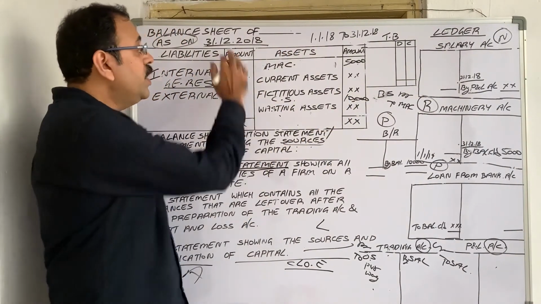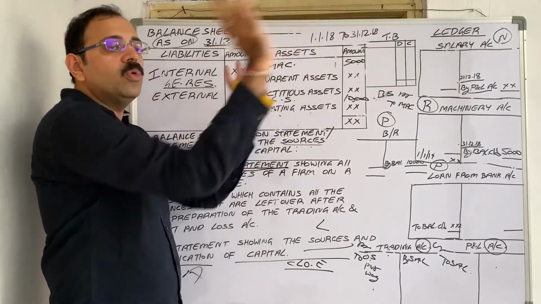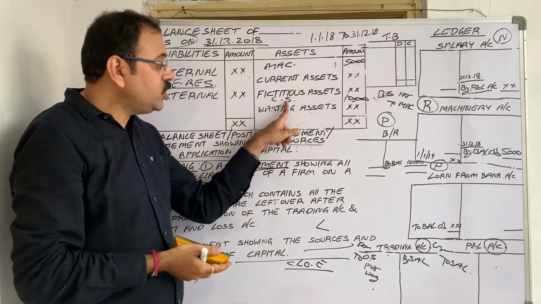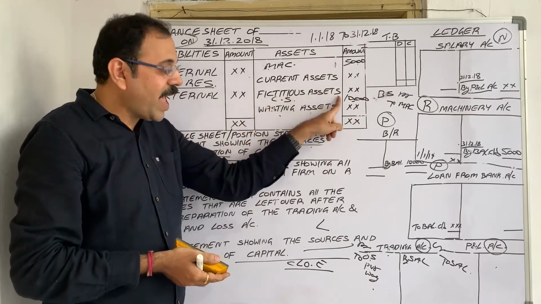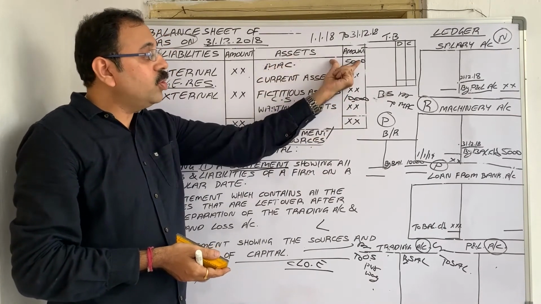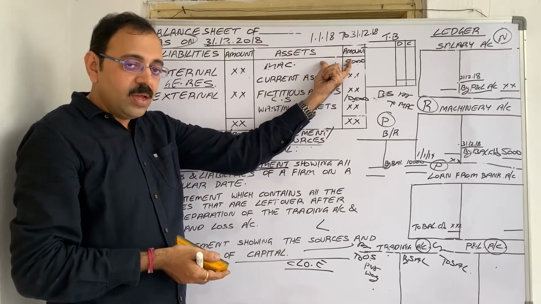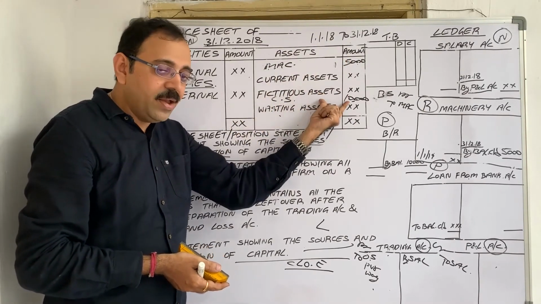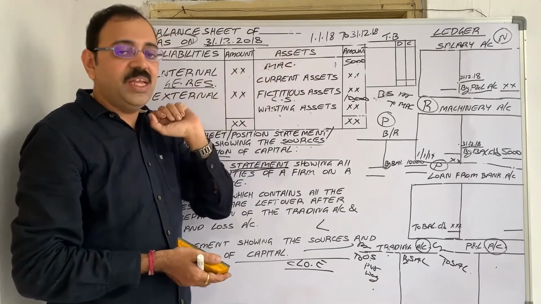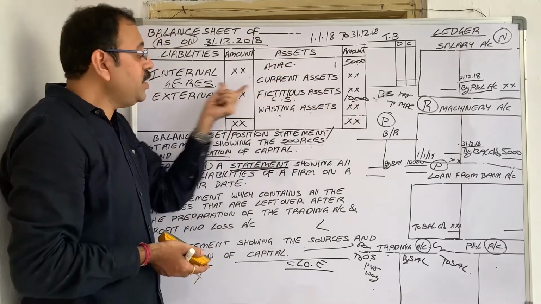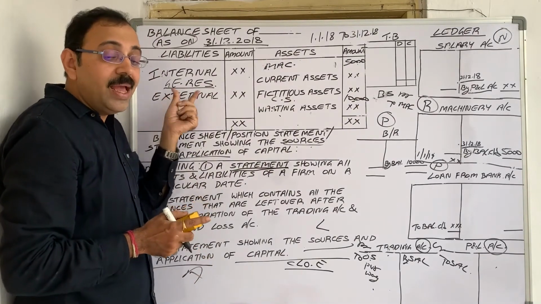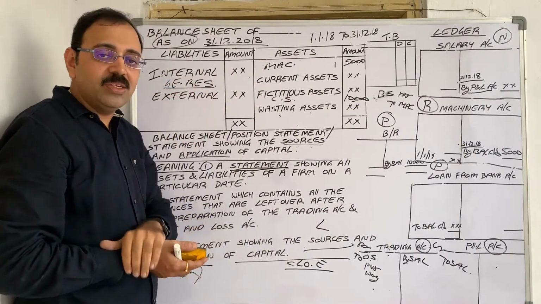What happened? Next day we sold some goods. Then closing stock value will change. If we sell it for cash, the cash amount will also change. If we sell on credit, then the debtors amount will change. And if we sell it for profit or loss, then here on the liability side, the capital amount will also change.